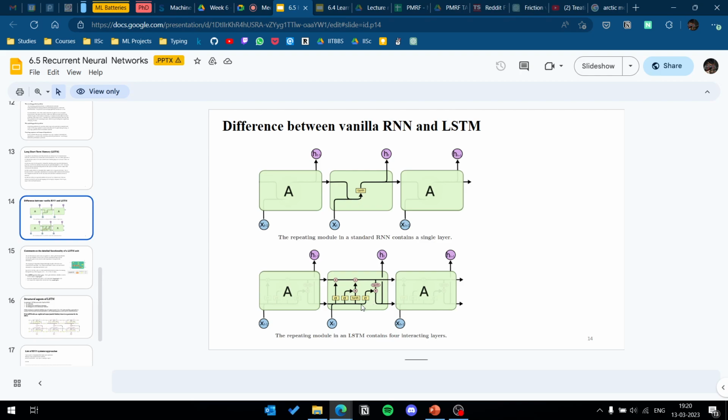Obviously, GPT-3 and ChatGPT are transformer-based models, right? The T in GPT stands for transformer. I forgot what the other two were. So that is the kind of classification in different forms of RNN.